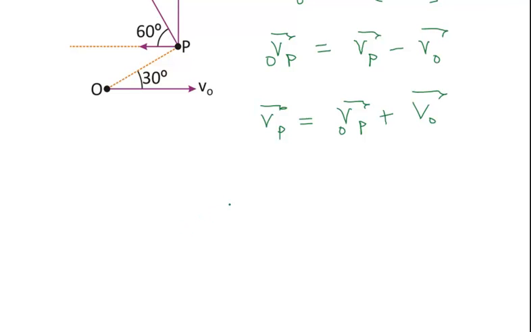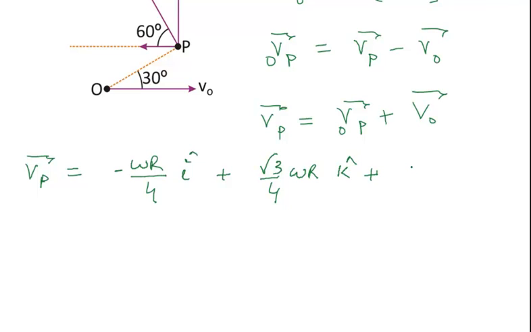So velocity of point P will be equal to velocity of PO plus Vo. So velocity of point P now can be written as minus omega r by 4 i cap plus root 3 by 4 omega r k cap plus 3 omega r i cap. Now the coefficients of i cap can be added up.